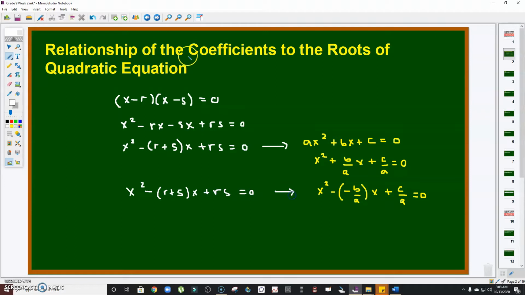Now, as stated in the title, the relationship of the roots to the coefficients: look, this is 1, and this is negative. So from there, we can derive that the sum of the roots, and our roots are r and s, so r plus s is equal to negative b over a, while rs is equal to c over a.